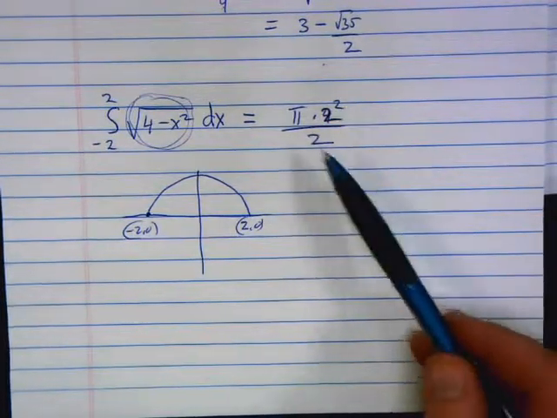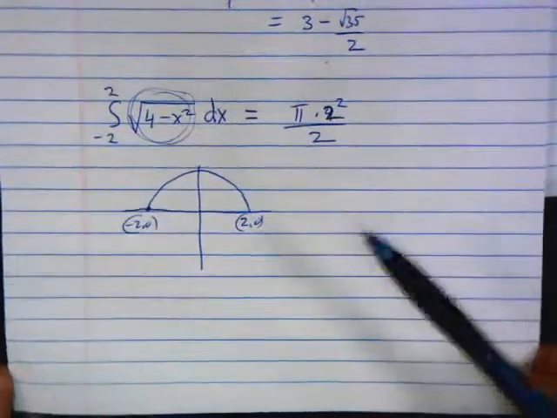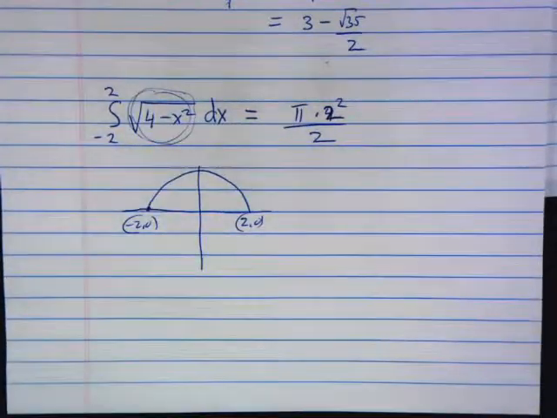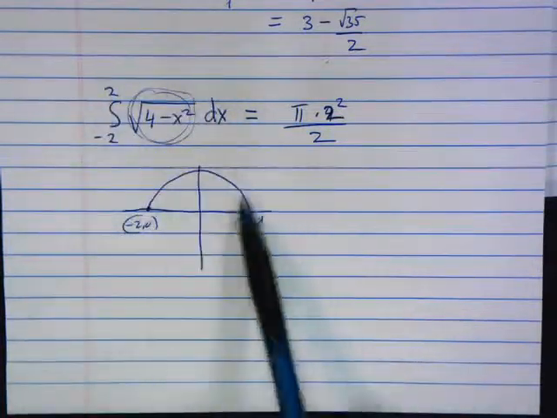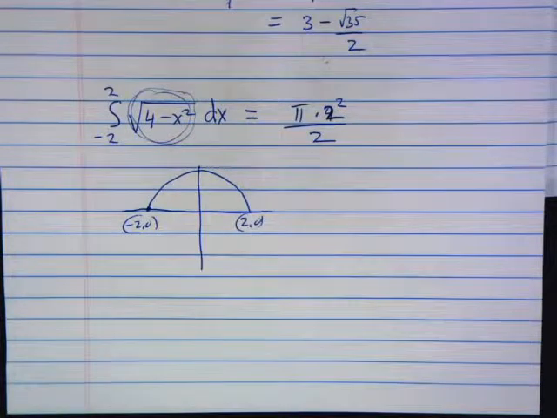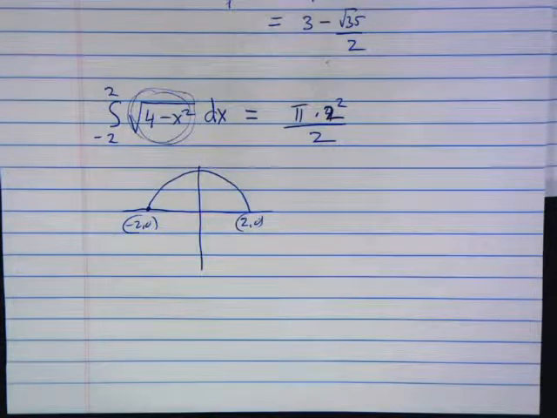But we only have half a circle, so I had to divide it by 2. All right. So again, that's another problem I love to put on a test, just to see if people are remembering that in Calc 1 we learned that integrals are areas. That's really just half a circle. I don't have to do trig substitution. Pi times radius squared, except then you have to divide by 2 because it's only the top half of the circle.